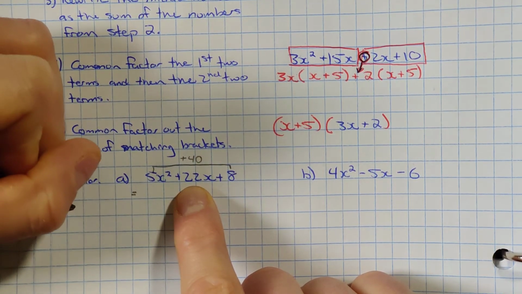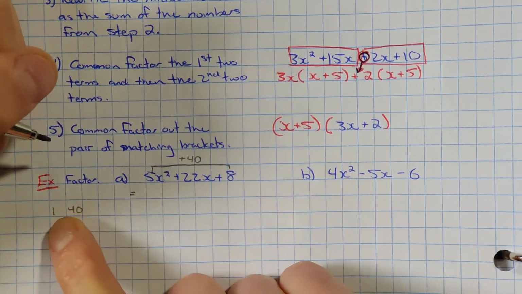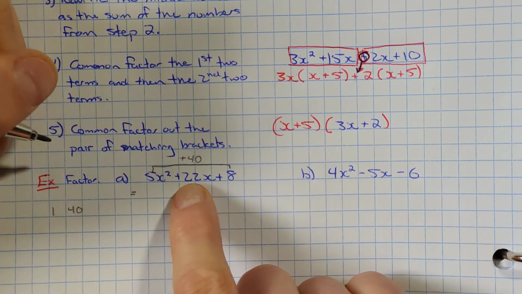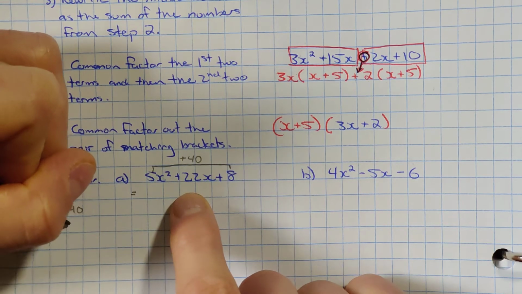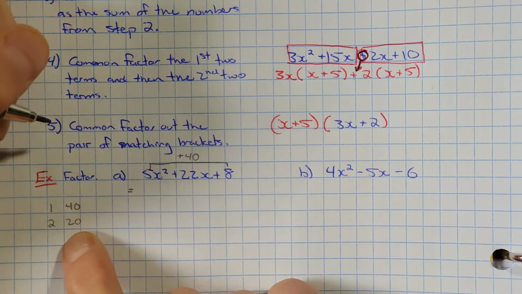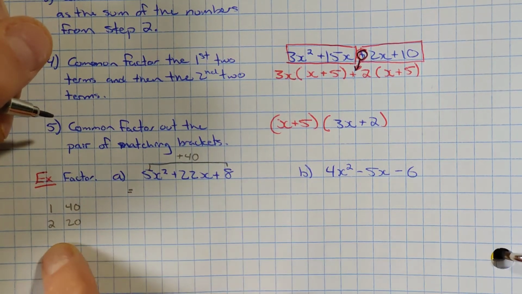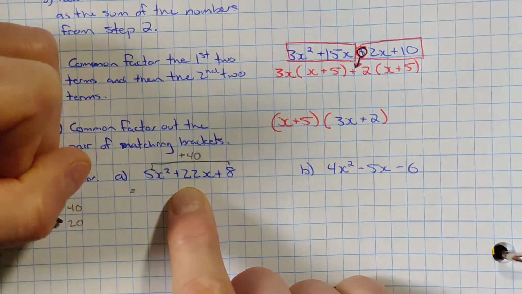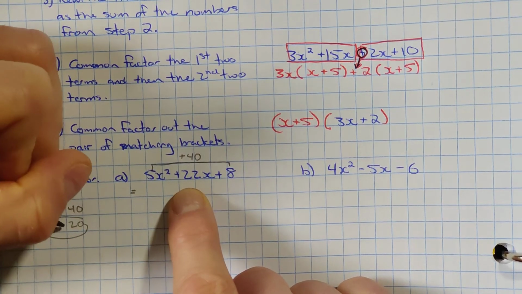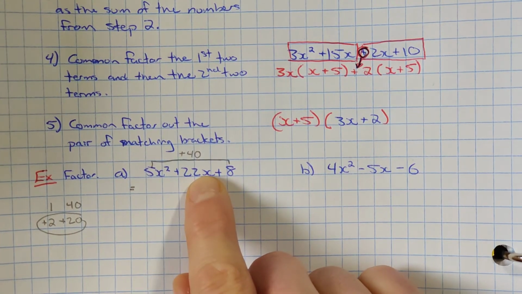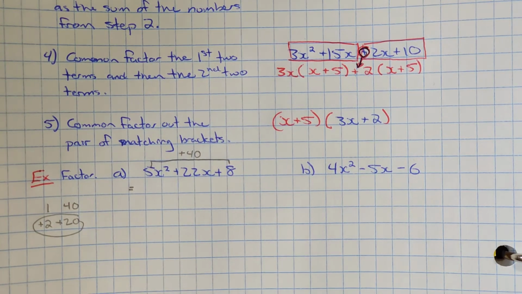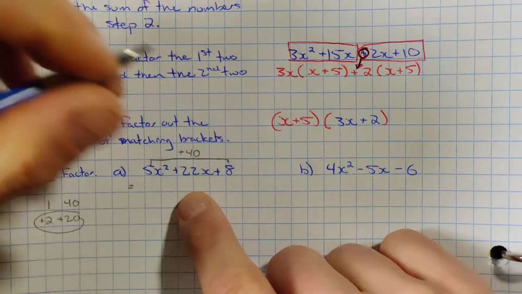Well, 1 times 40, I can't get a 22 out of those. So we'll try the next pair. 2 times 20. 2 times 20 equals 40, and 2 plus 20 equals 22. There's my numbers. A positive 2 plus a positive 20. So I can stop there. I don't have to keep writing pairs of numbers because I've found the right pair.